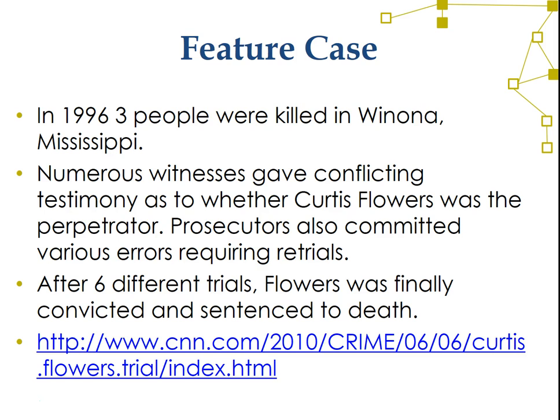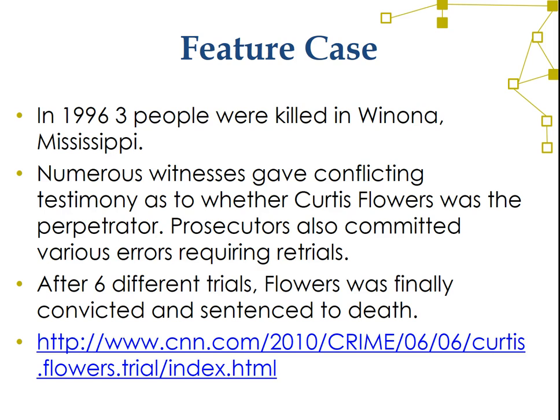Because of that, the conviction was reversed by the state appellate court because of the possibility of racial bias during jury selection. And the jurors at the 4th and 5th trials could not reach unanimous decisions, which is what, everybody? They call that a hung jury, meaning that they really can't reach a decision. And the 6th trial, held in June 2010, resulted in convictions on 4 counts of capital murder, and Flowers was sentenced to death.